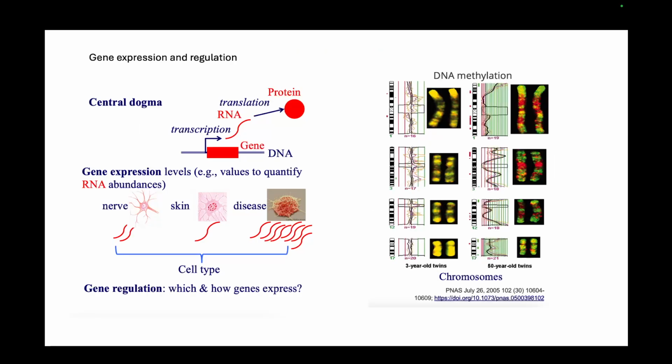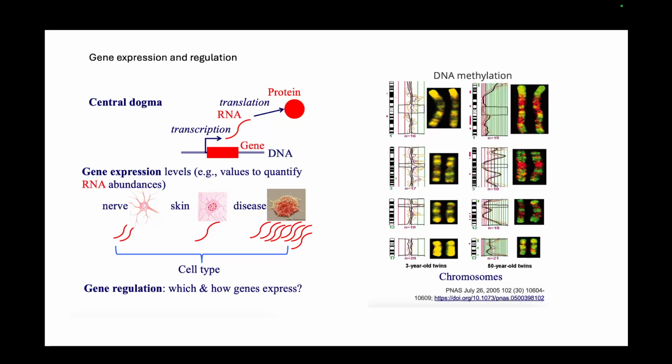If we talk about gene expression regulation, the central dogma of biology tells us that we get DNA, the DNA replicates itself, then from DNA we get RNA, and from RNA we get protein. This whole concept of flow of information from DNA to RNA to protein is very tightly regulated through different mechanisms.